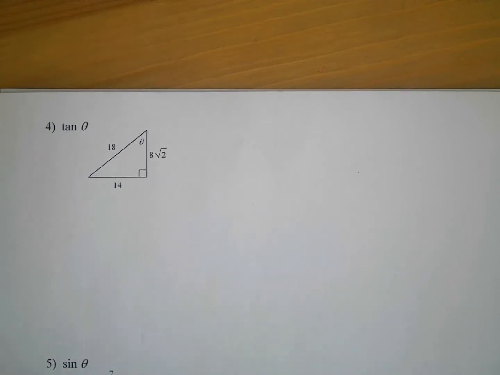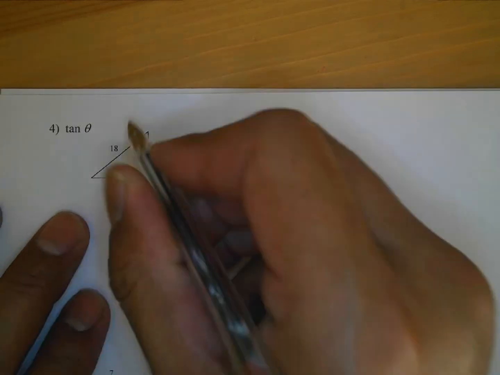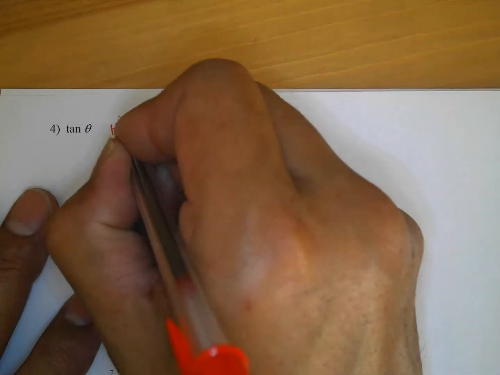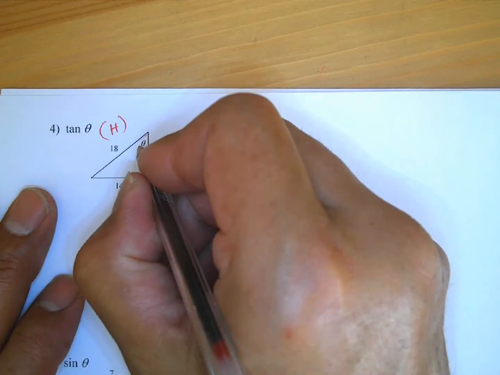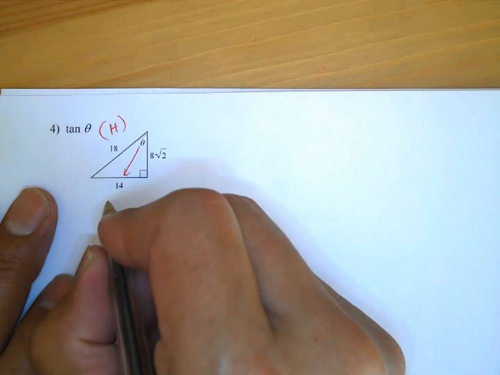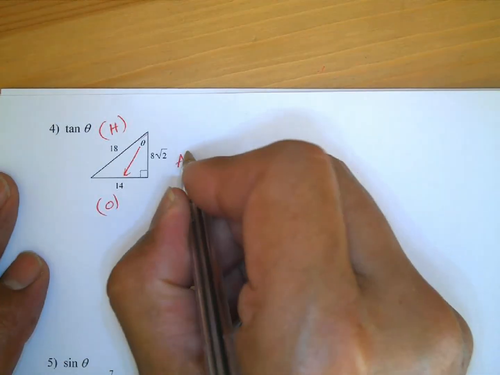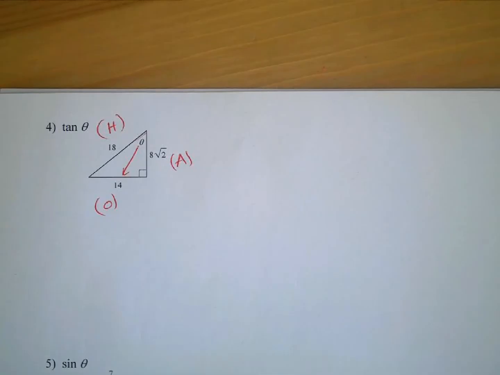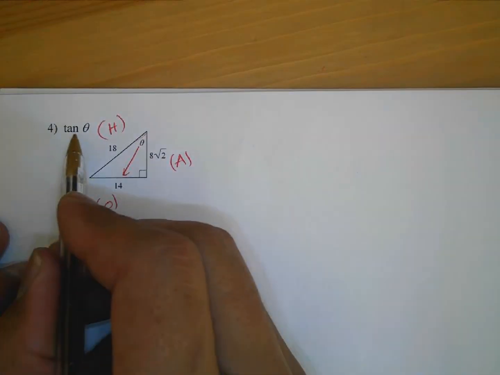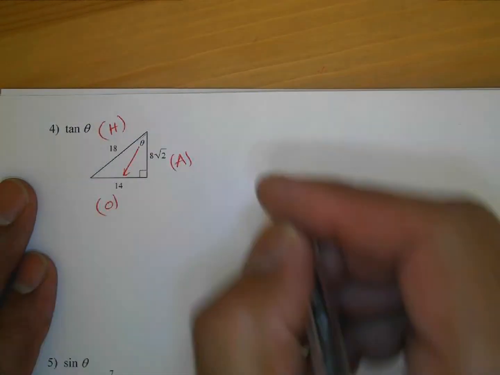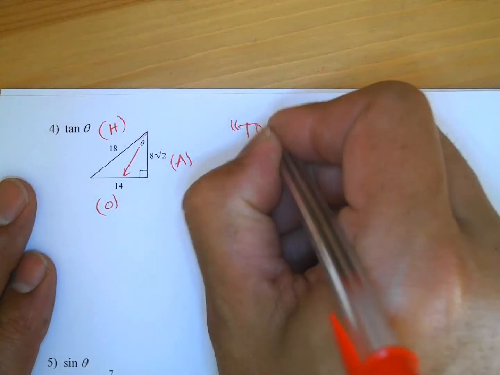So hopefully you labeled it. Here's, again, find the hypotenuse side. That's your H for hypotenuse. Look for the angle. Go opposite of it. That's your opposite side, and this is your adjacent side. Tangent. We just did tangent. What is it? SOHCAHTOA. TOA.